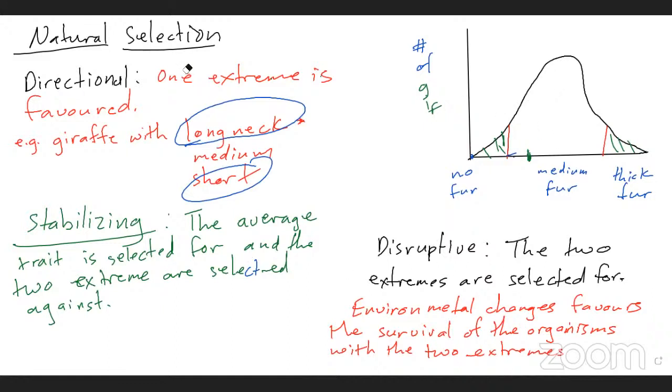So the peak, it would drop. It is going to dip. So this part is going to be high, all right, because it is selected for. And then it dips because the medium, the average, is selected against.